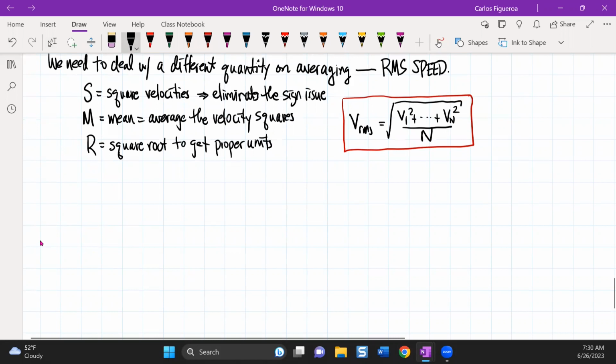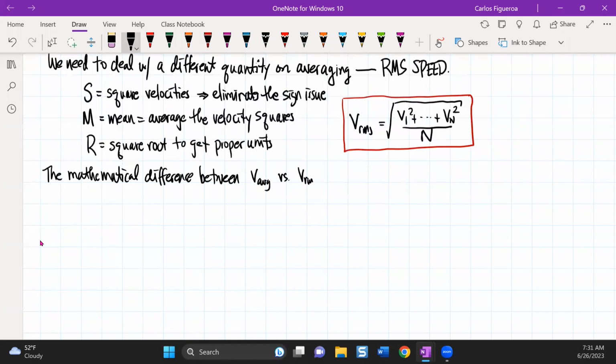So what does this mean here? The mathematical difference between V average versus VRMS looks something like this. Now imagine that we have five speeds. Let's calculate these things.